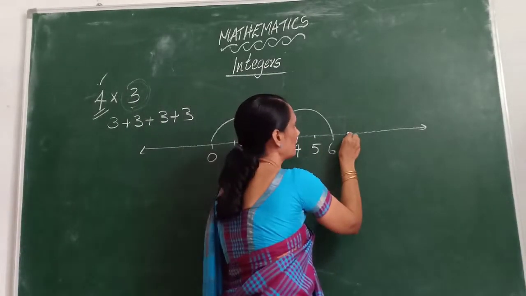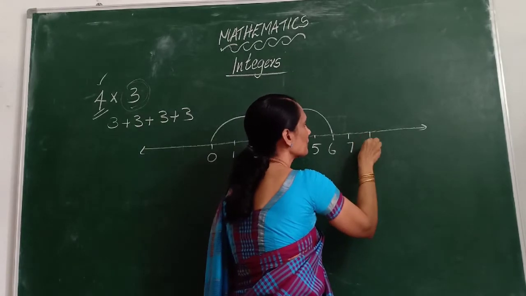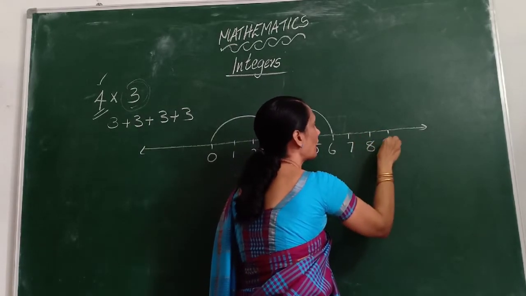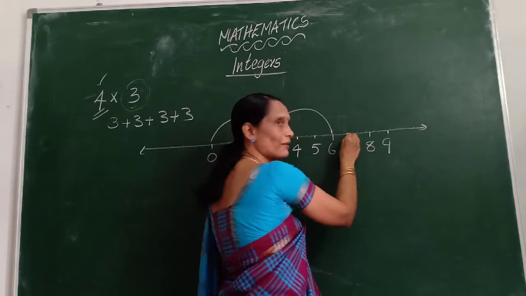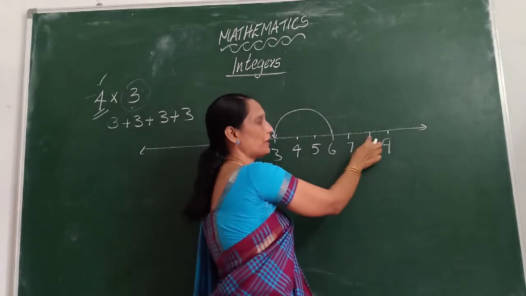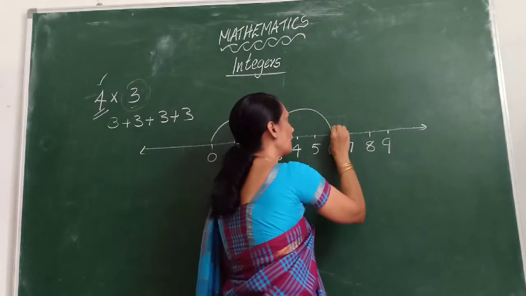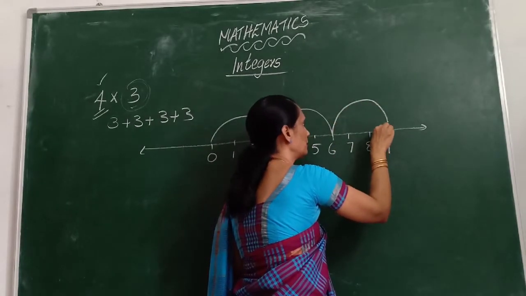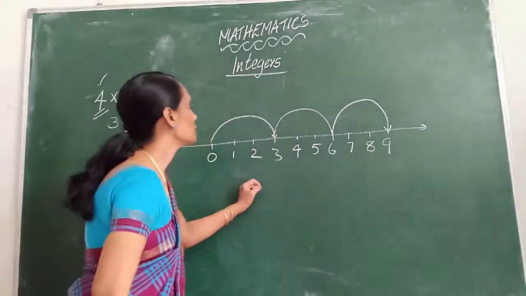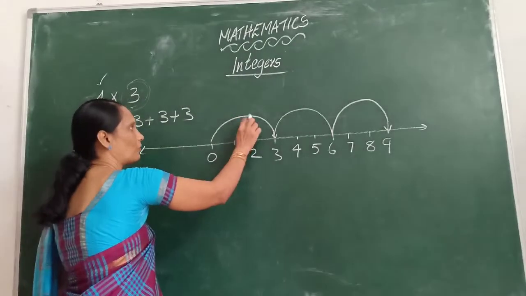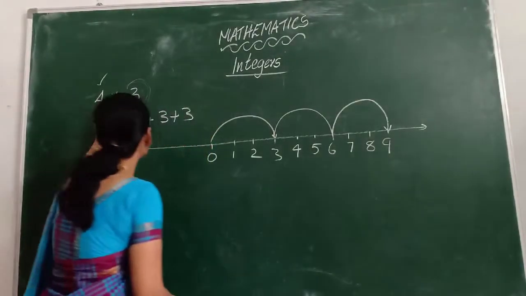Let us take again 7, 8, 9. So, 6 to 7, 1 unit, 7 to 8, 2, 8 to 9, 3 units. So, again, one more jump. Here, how many jumps are over now? 1, 2, 3.